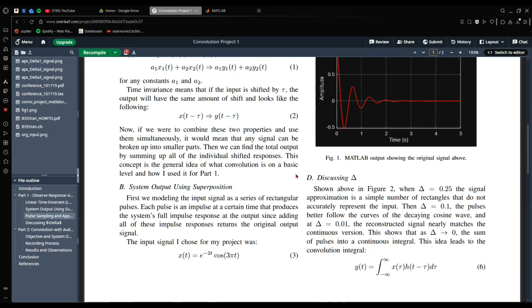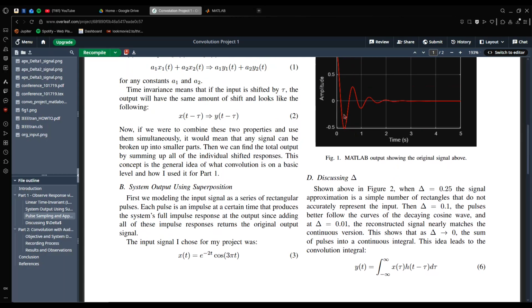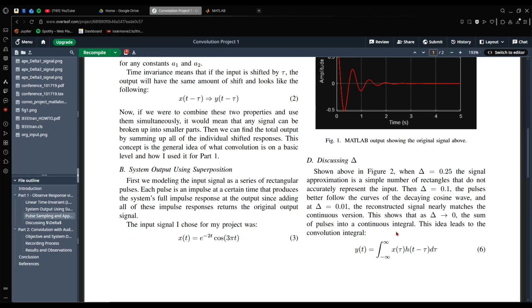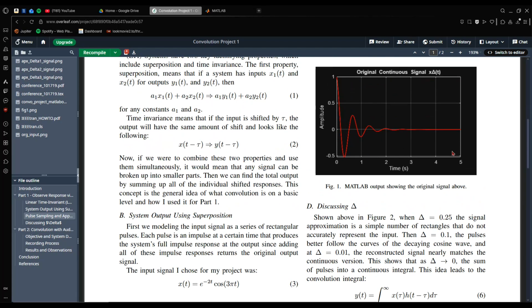Seeing this convolution integral right here, as delta gets smaller, we use more and more pulses under this curve, and these tiny pulses turn into the convolution integral, which as delta approaches 0 is pretty accurate to the original signal.